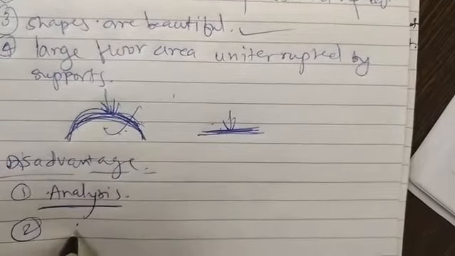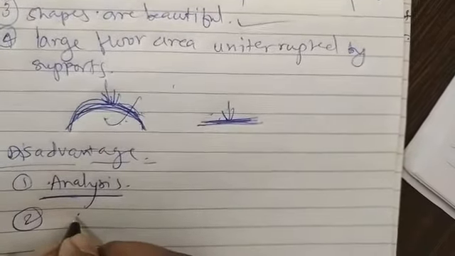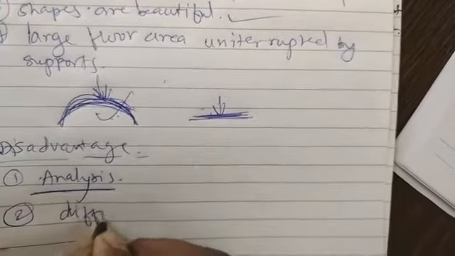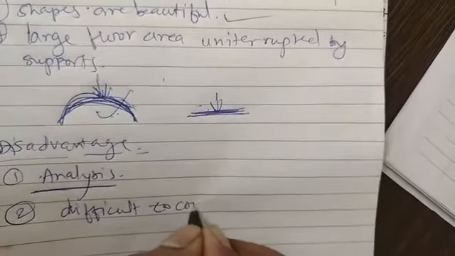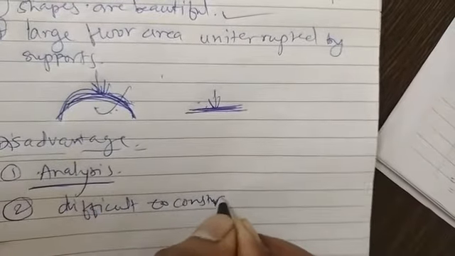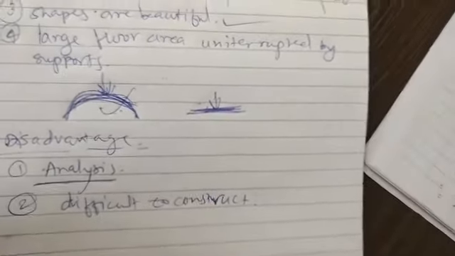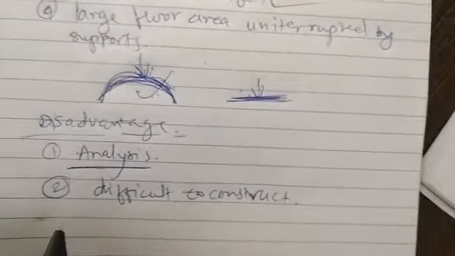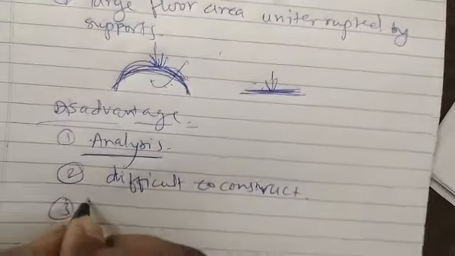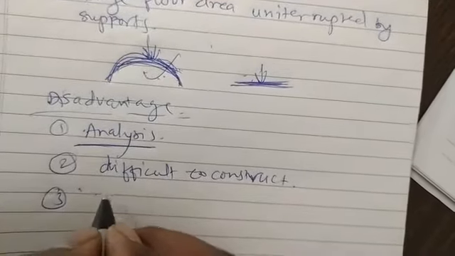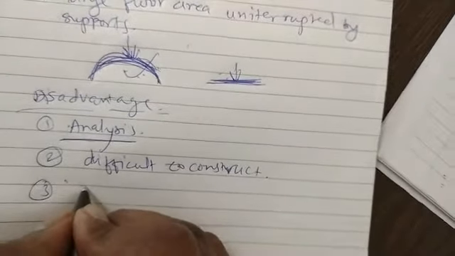Difficult to construct due to complex geometry. Next, cannot be used as a floor. Due to curved geometry, it cannot be used for floor.